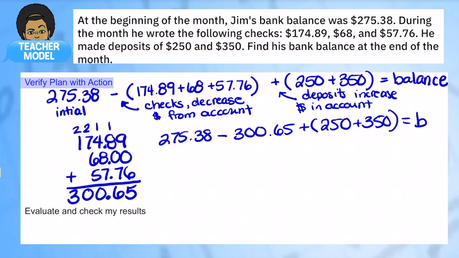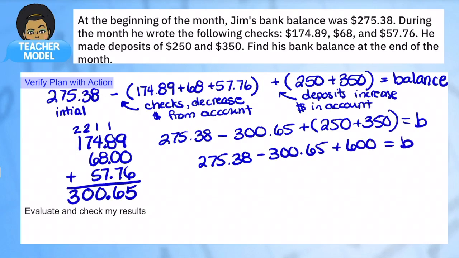So now what's next? I'm going to use my order of operations again, and I'm going to do what's in parentheses here. This one I can use mental addition. That's actually just going to be 600. So now I have $275.38 minus $300.65 plus 600 is going to give me my balance.